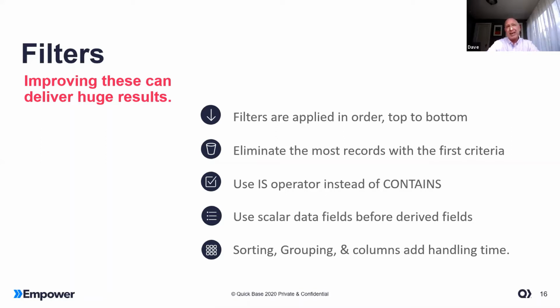And then just be aware that sorting and grouping and how many columns you have on a report, all of that has to be rendered in your users' browsers, and sometimes that takes a little bit of time. More often than not, when we're talking to customers about performance issues or concerns, we can show them that QuickBase has already delivered the data for the report they asked for in milliseconds.